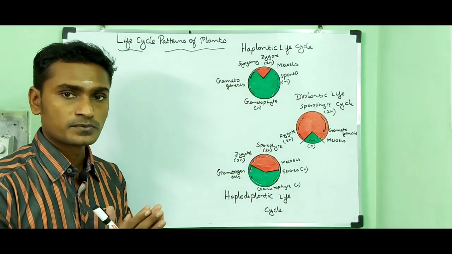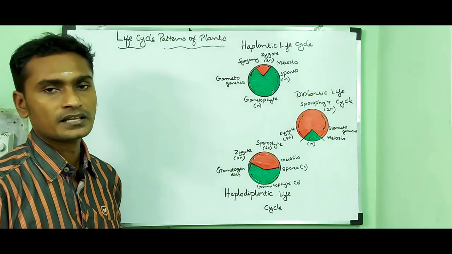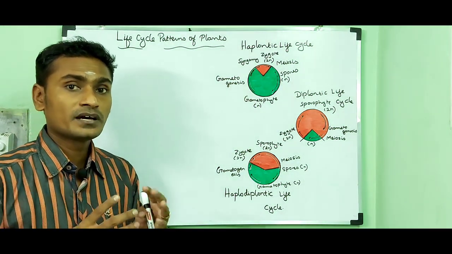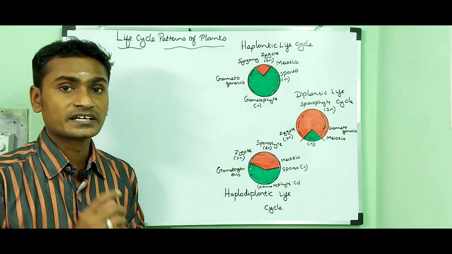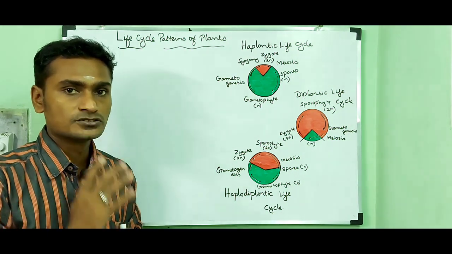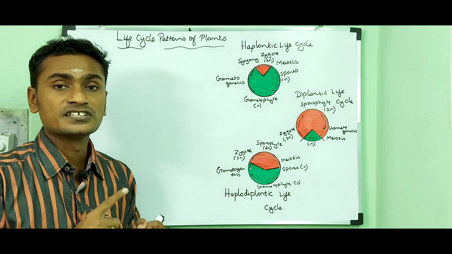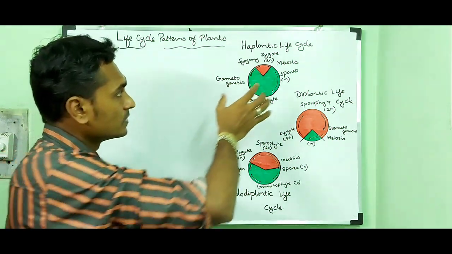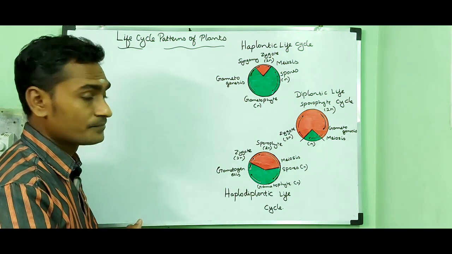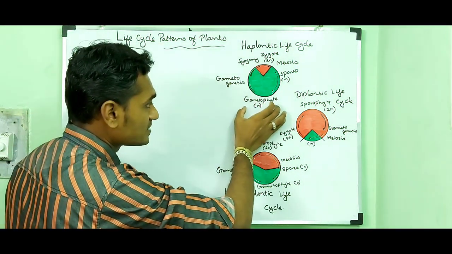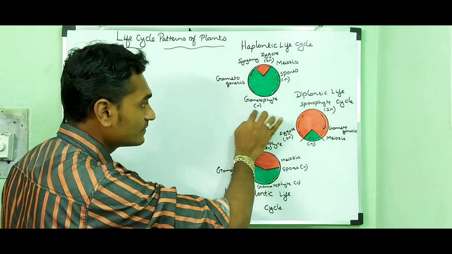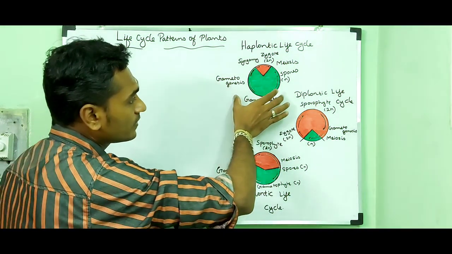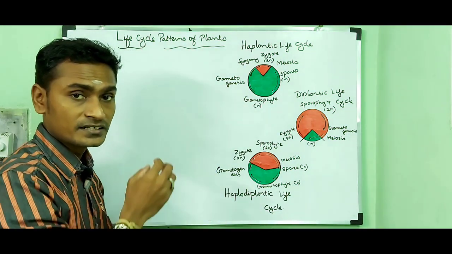First I am going to explain the haplontic life cycle. In this life cycle, the haploid phase is the dominant phase. That is, the gametophytic phase, the n phase, is the dominant phase, and it is independent and photosynthetic.